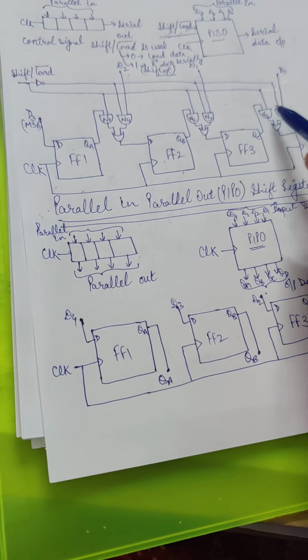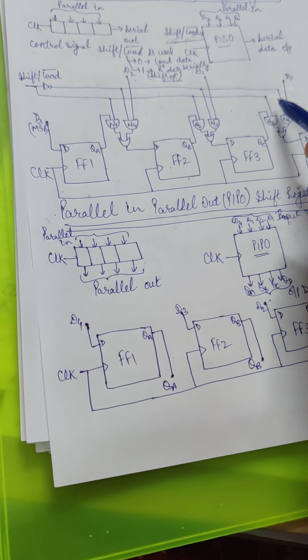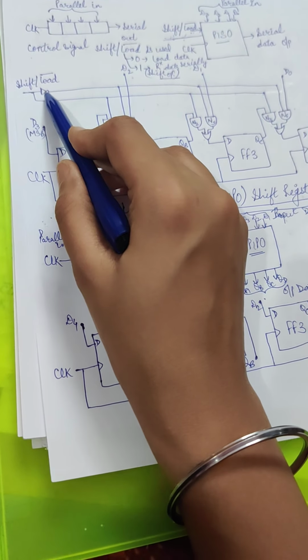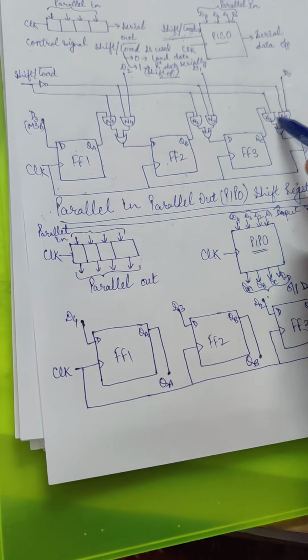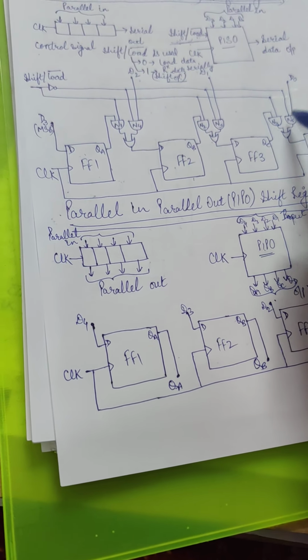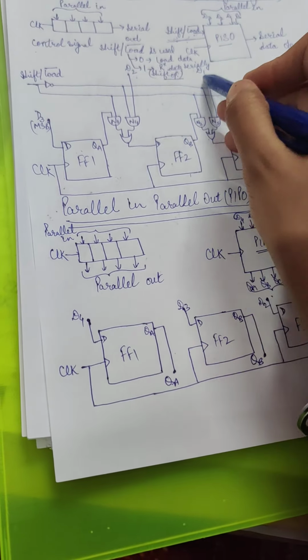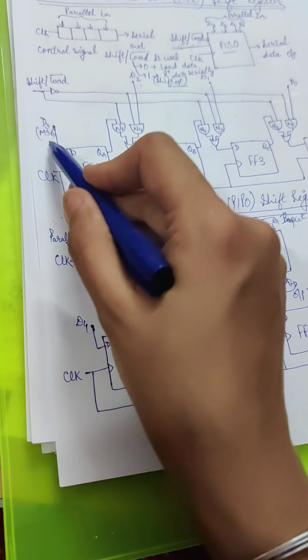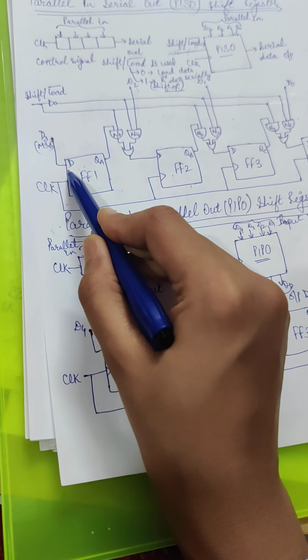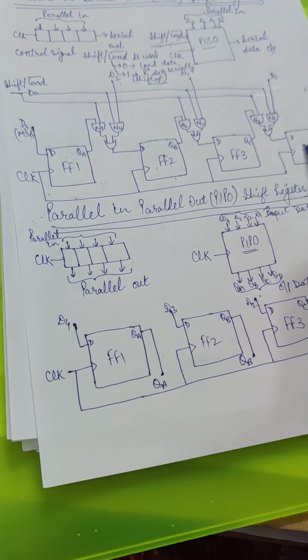And the second input of all these is connected to input data D0, D1, D2. And D3 is connected to the input of the first flip-flop. This is for parallel data inputs.